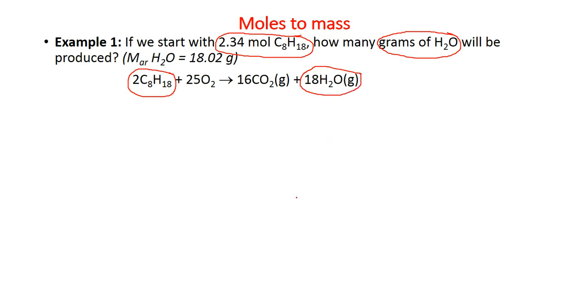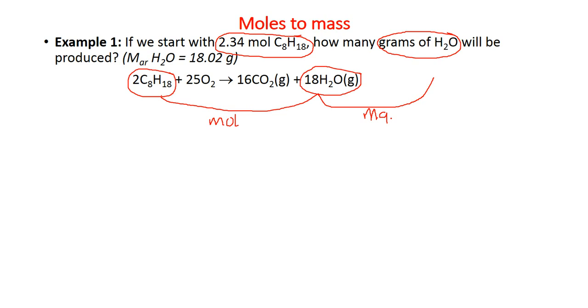How do we connect these? If you are given moles of octane, you need to also obtain the moles of water. So what you are going to do here is to try to determine the mole of water. After obtaining the mole of water, then you will determine the mass of water.